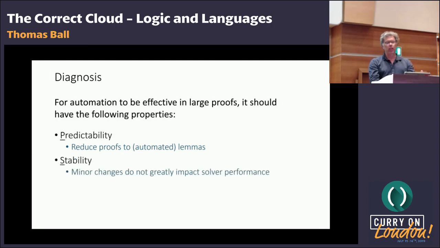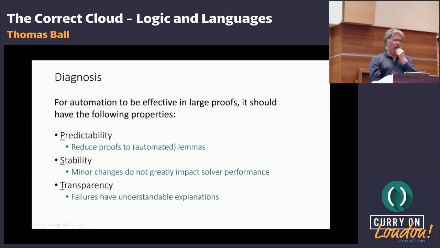By predictability, we mean when we reduce things to lemmas, the automation works in a predictable way. And then if we make minor changes, like changing the name of a variable, or swapping two things where we have a commutativity property, we don't have a great impact on solver performance.